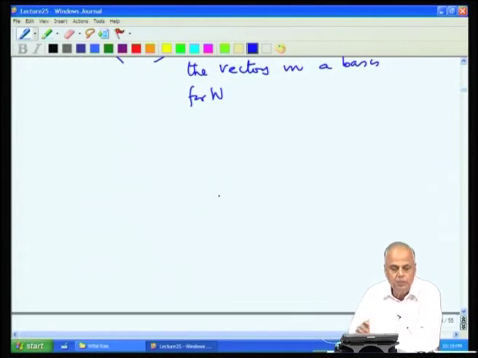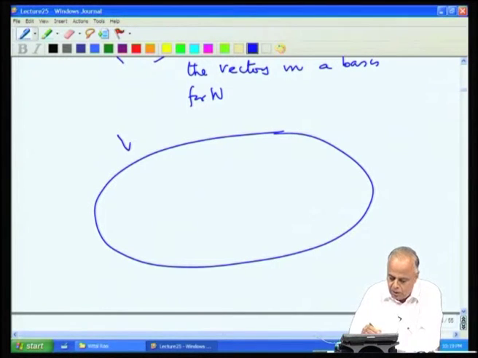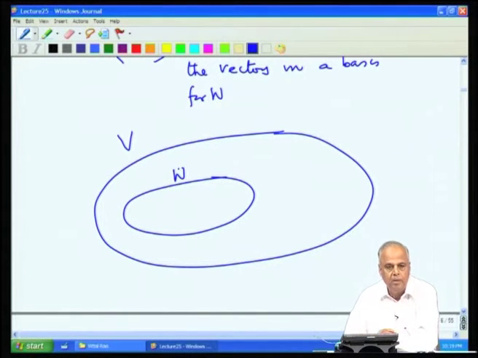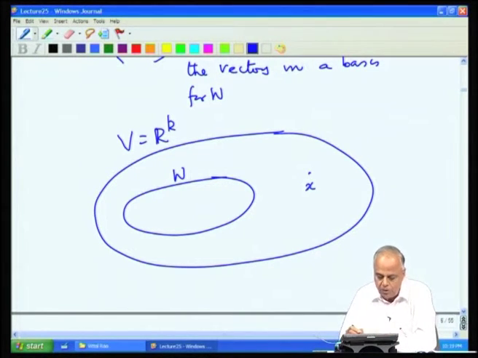What this means is the following: we have this vector space V and we have the subspace W, and we are going to pick a vector x in R^k. With the vector space V we are dealing with R^k. We want to check whether x belongs to W perp.